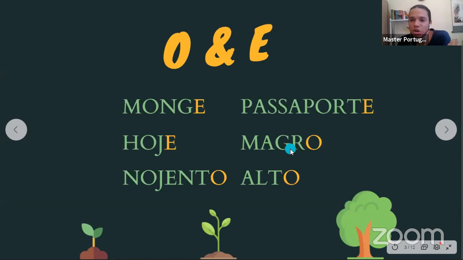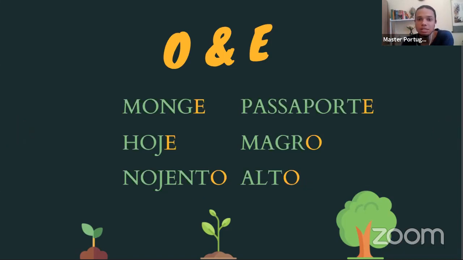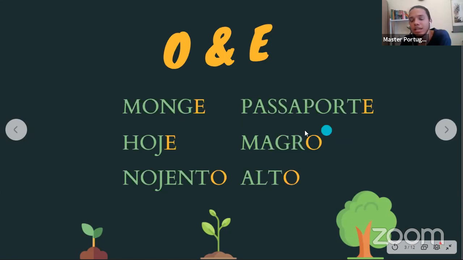We don't say magro, even though some accents do, but most Brazilian accents say magro with U at the end. Nojento, alto. So when you see a word that finishes with E, you pronounce it with I. If you see a word that finishes with O, you pronounce it with U.